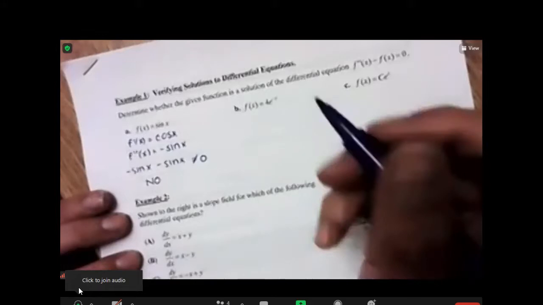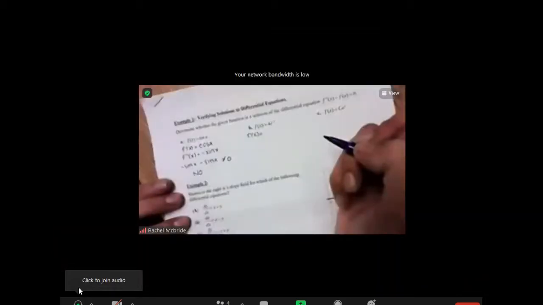Letter B, we have to find f prime. So again, we're doing this to help review our derivatives. It's been a while since we really focused on derivatives. So the derivative of 4e to the negative x, the 4 tags along. You multiply by the power, which is negative 1, and then e to the negative x. So you get negative 4e to the negative x, but we have to take that derivative again.